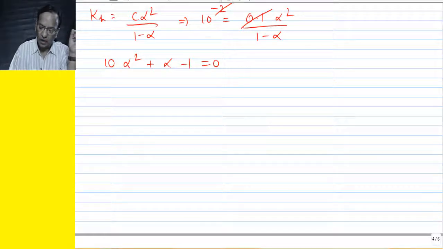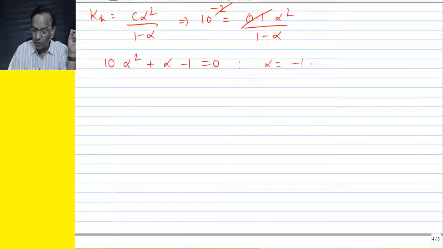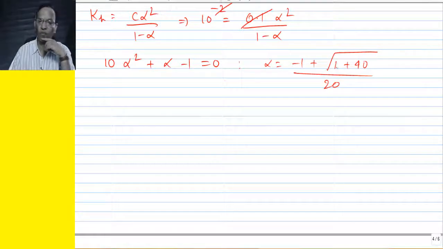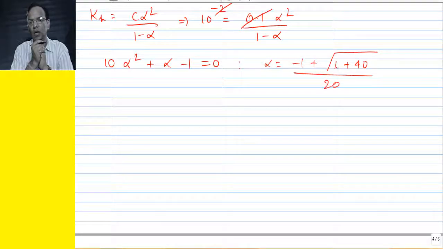Once this quadratic equation is solved, alpha will be minus 1 plus root under b square, 1 minus 4 into 10, 40 into minus 1, plus 40, divided by 2a, which is 20. So root under 41. Root under 41 will be somewhere around 6, 6 6s are 36, so around 6.5.